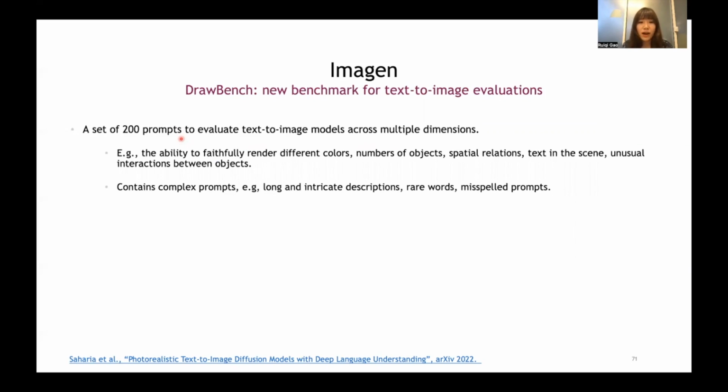For example, it evaluates the ability of the model to faithfully render different colors, numbers of objects, spatial relations, text in the scene, and unusual interactions between objects. It also contains some complex prompts, for example long and intricate descriptions, rare words, and even misspelled prompts to test the robustness of your model.